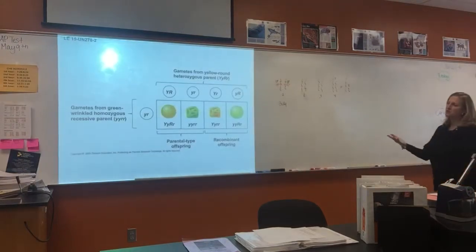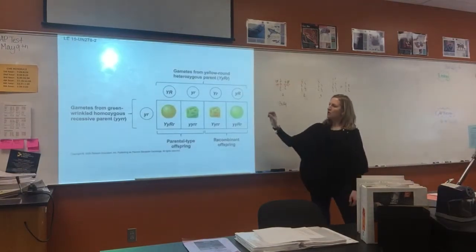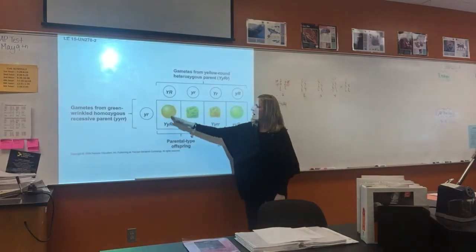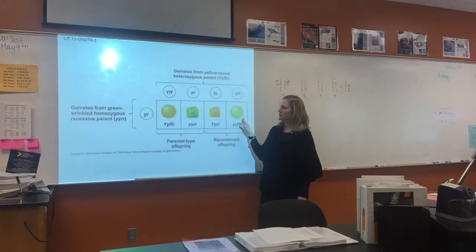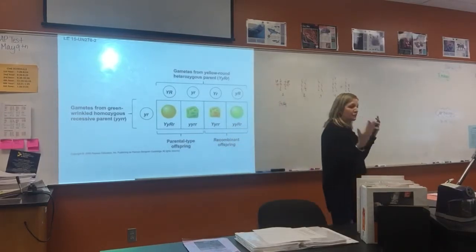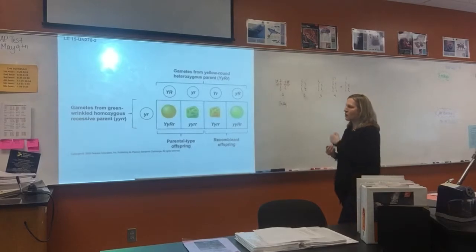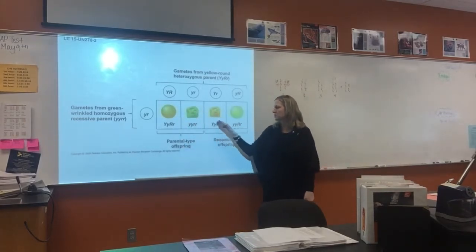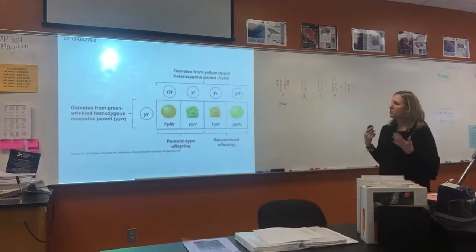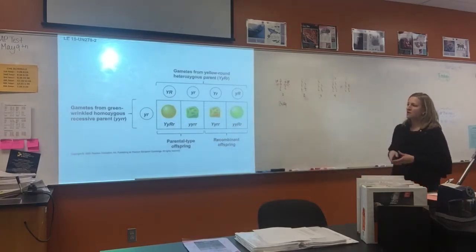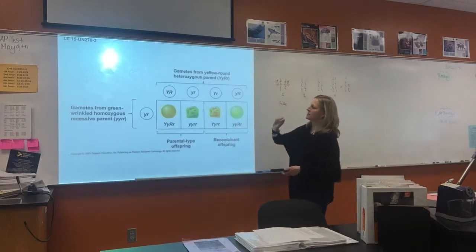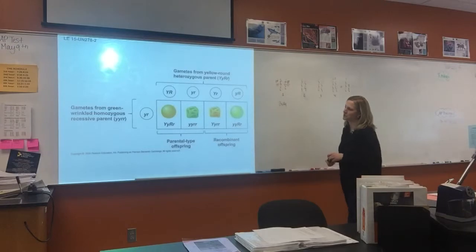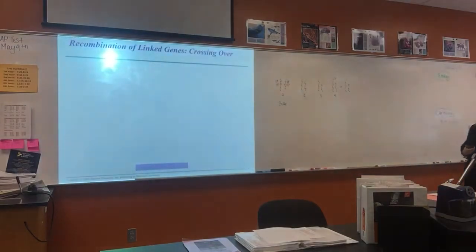And so when Mendel crossed yellow and green and round and wrinkled, and we did a dihybrid cross, he saw a 1-to-1-to-1-to-1 ratio because his genes were on different chromosomes. But he did see parental types and recombinant types, but they were just a 1-to-1-to-1-to-1 ratio. Whereas Morgan saw all 4, but the parental types were way more in abundance than the recombinant types, which then led to the linked genes with crossing over.